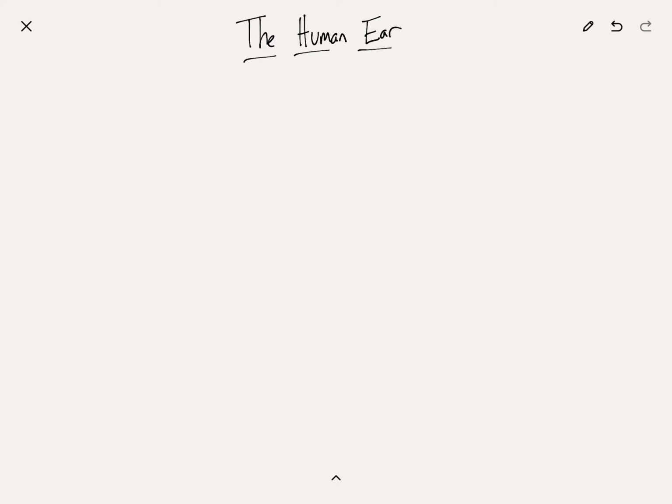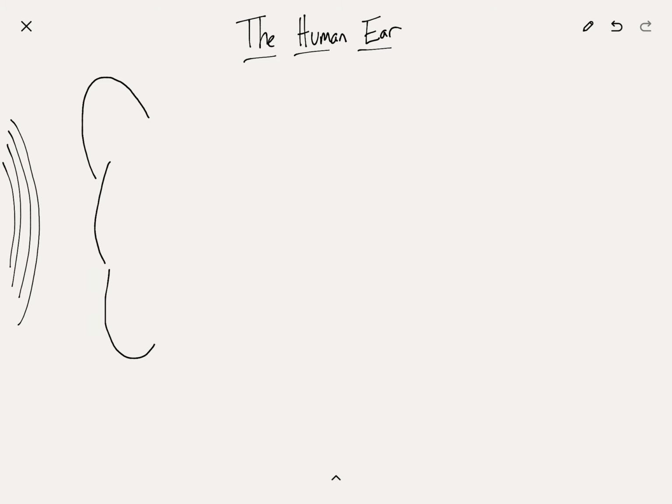Okay, so first off, we remember that sound is produced by longitudinal waves, and longitudinal waves have compressions and rarefactions. Now, obviously, the lines here are going to represent the compressions, the parts that are pushed together. Okay, and then we are going to have that sound be collected in what we would call the pinna of our ear.